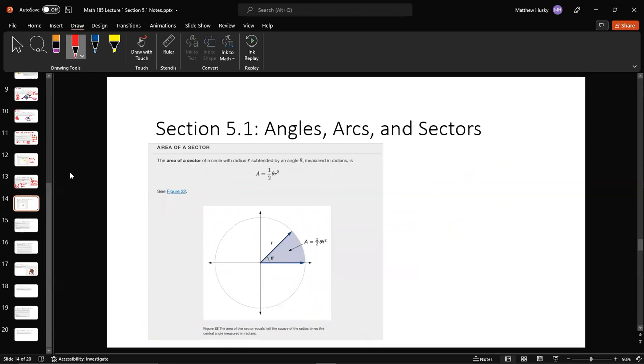So the area of a sector, so this is basically a slice of pie, if you will. That's going to be 1/2 theta r squared is the formula to find that. We'll write it nice and big, 1/2 theta r squared.